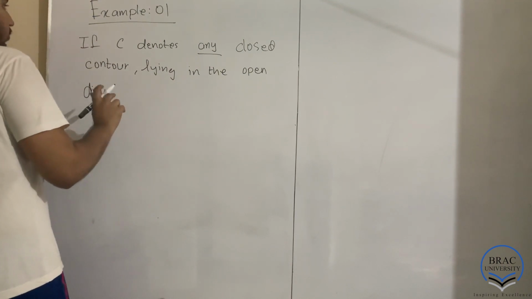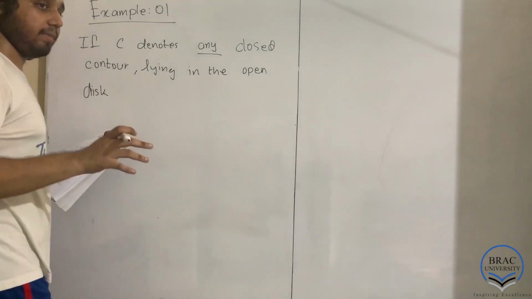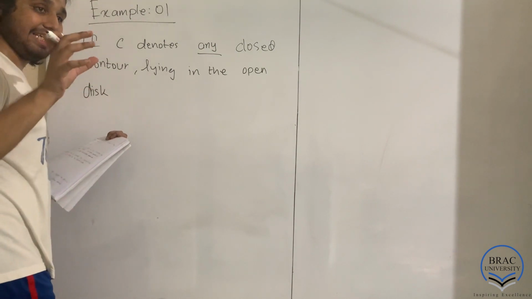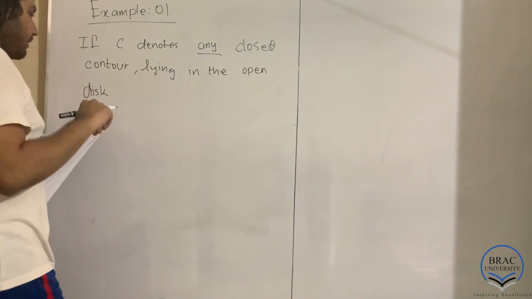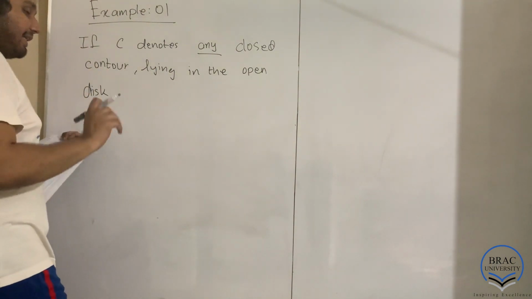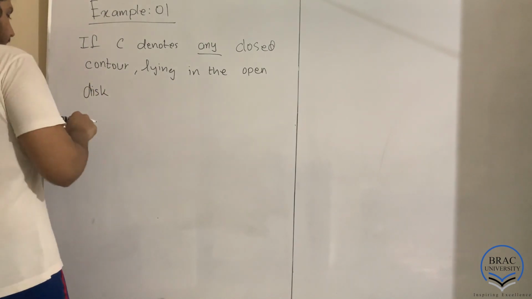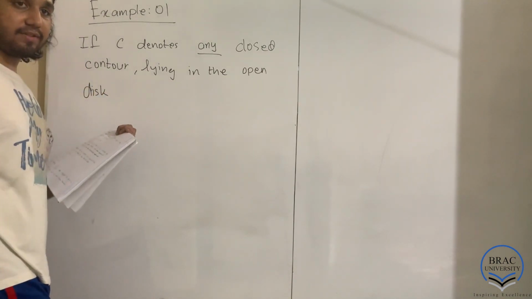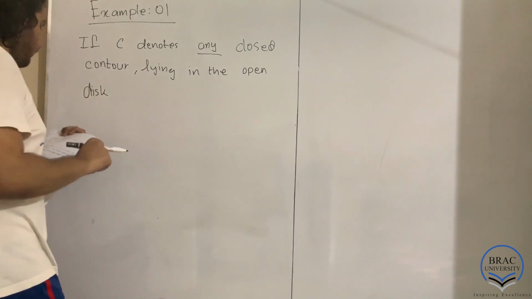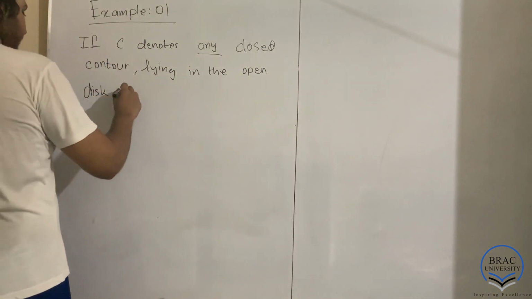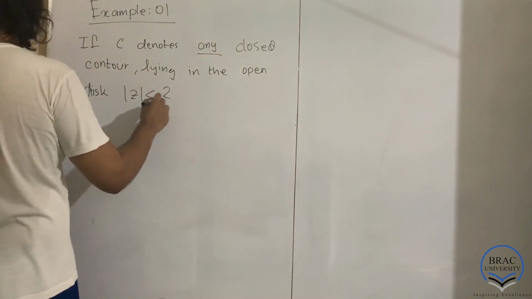For a contour to exist in a simply connected domain, it must lie entirely in the interior of the domain. It cannot exist outside, or even partially outside. It has to lie fully inside our domain, the disk modulus of z less than 2.